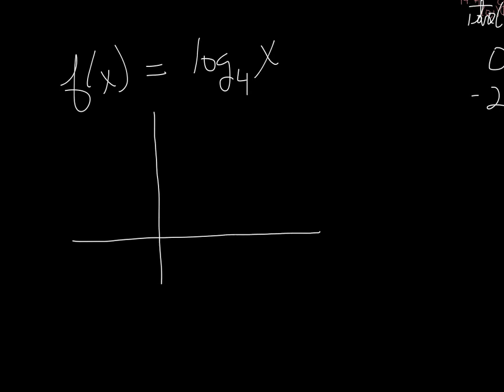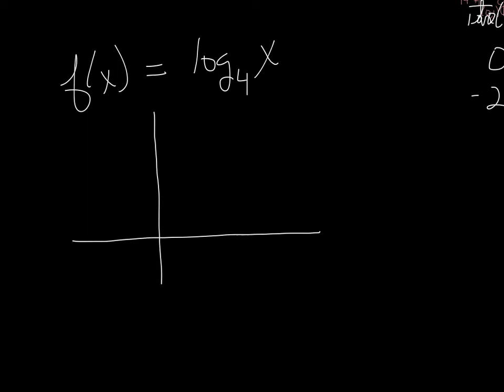Does that 4 do anything special? Well, that's my base, so it will change how quickly things increase or decrease. I don't think an XY chart's going to help us much here, so let's just think about what we might be able to do to graph it.